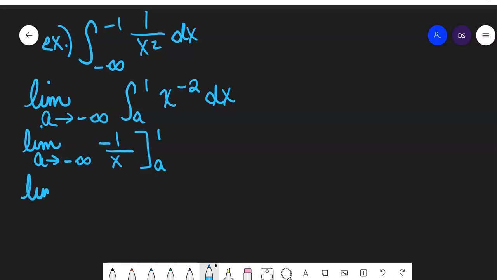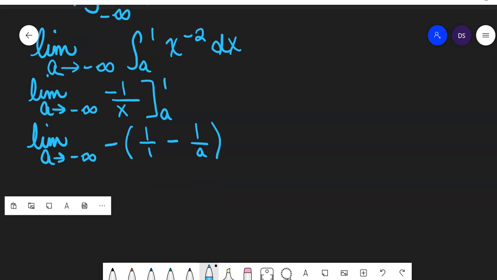I'm going to substitute in my upper and lower bound. And again, I factored out the negative. Sometimes I do, sometimes I don't. Most of the time I do, so that I don't have all these negatives floating around everywhere. So I just factored that out and then substituted. Now I'm going to let my a approach negative infinity.